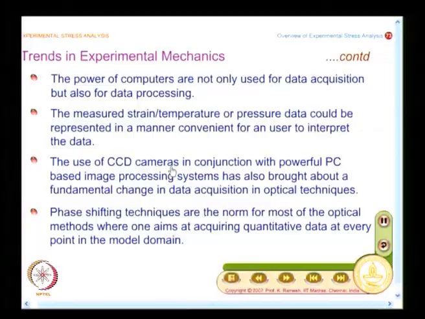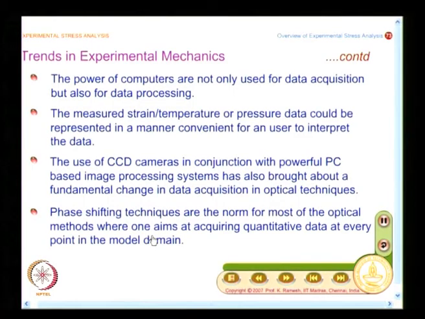This has modified the approach of experimental developers to find new ways of processing this intensity information. So, techniques known as phase shifting techniques have come into place, and they are the norm for most optical methods, where one aims at acquiring quantitative data at every point in the model domain. This was unthinkable earlier.